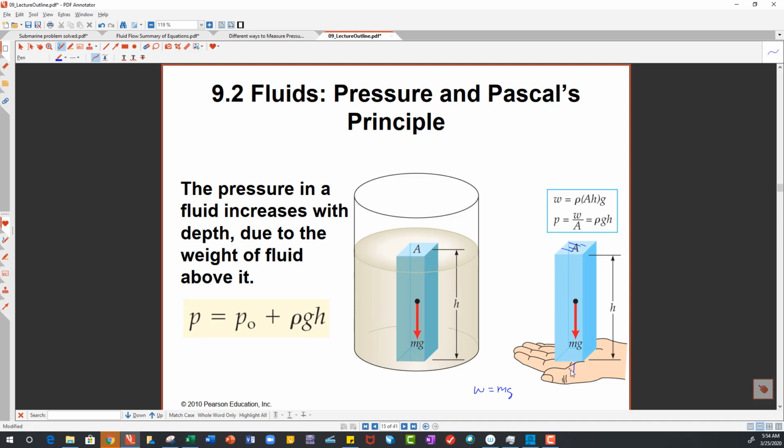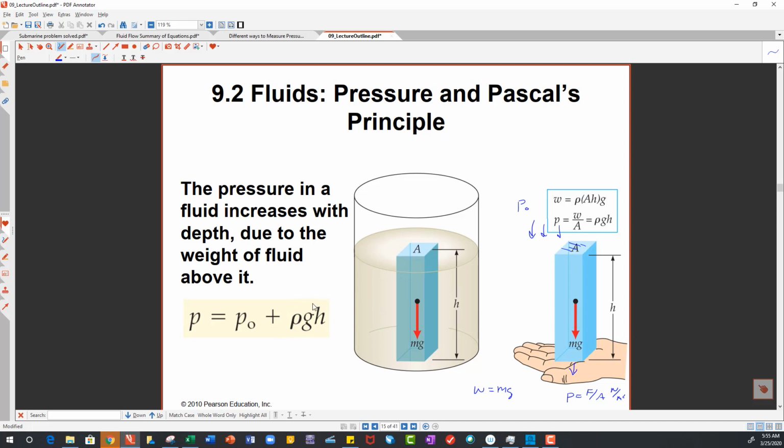And so what we would say is that the pressure here is due to the weight of the water, which, pressure, if you recall, is force divided by area. So that would be newtons per meter squared. The force that would be felt on the hand due to this weight of water would be the pressure here. That would equal the atmospheric pressure at the top of the column, which is the net pressure of the atmosphere, the air pushing down on this column, plus the weight of the water.